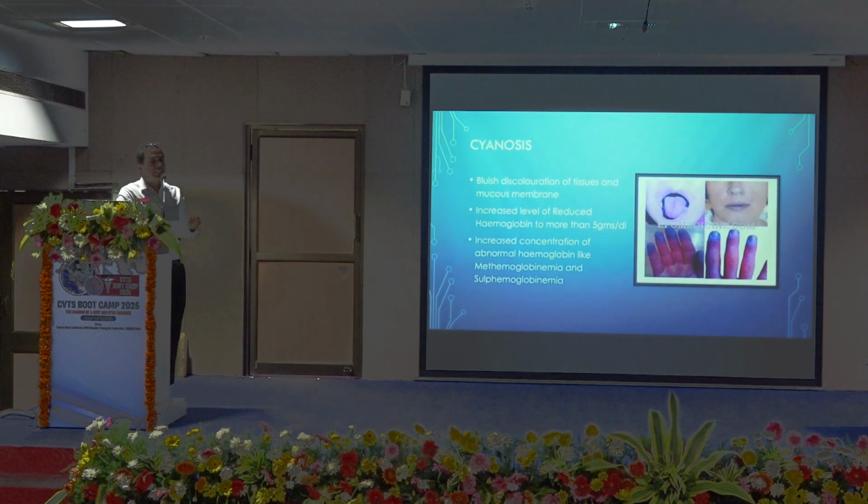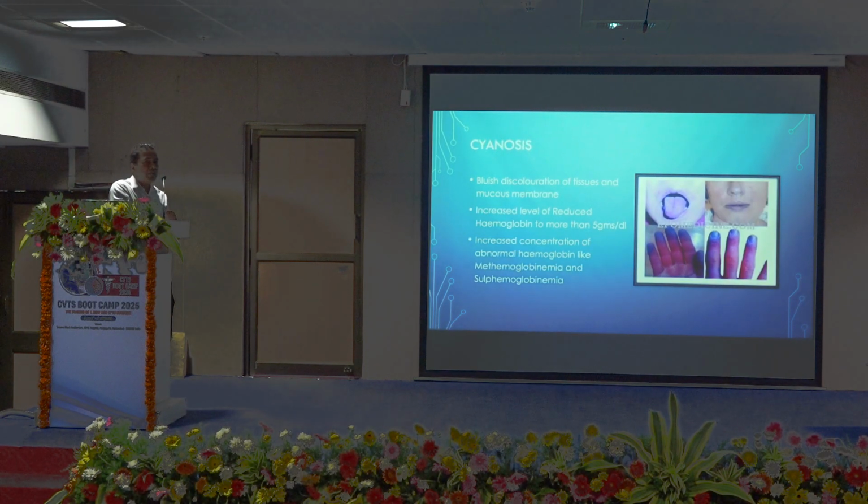So what is cyanosis? Cyanosis is the bluish discoloration of the mucous membrane and skin, usually noticed in the peripheries or in the undersurface of the tongue, lips, and mucous membrane. There are 3 types of cyanosis: peripheral cyanosis, central cyanosis, and differential cyanosis.